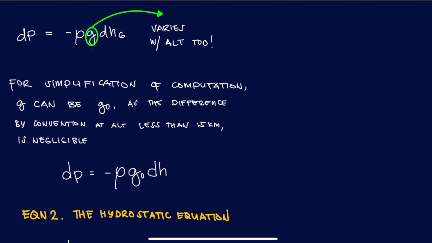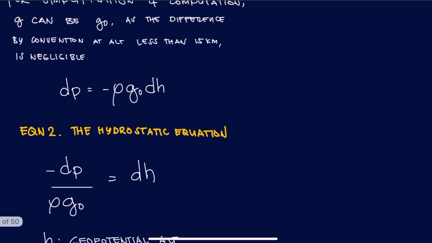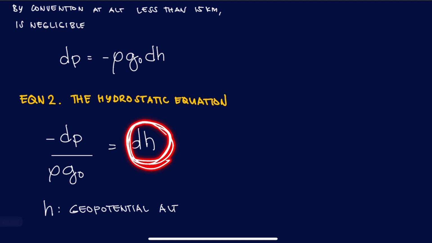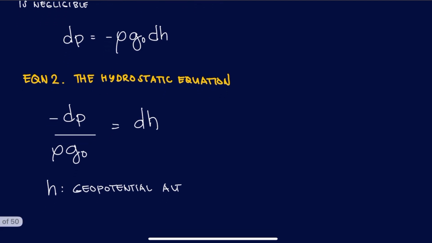So we will use the acceleration due to gravity at sea level for our hydrostatic equation. Through it, we may identify the changes in pressure and its corresponding height, or determine the change in pressure at a certain height, given these constants: the density of the air and the gravity at sea level. And again, this is just a simplification.